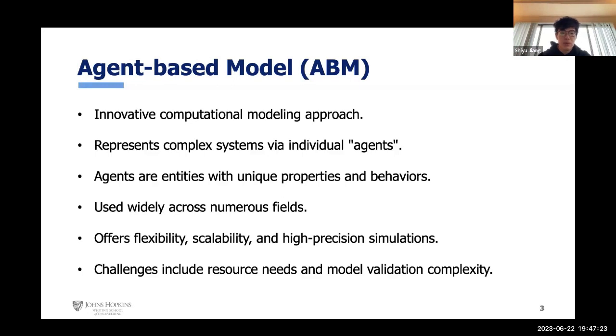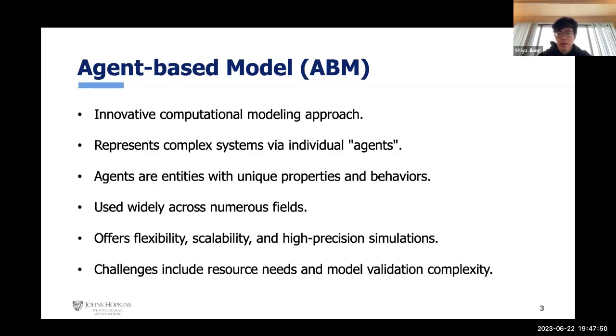Of course, it can offer lots of flexibility and scalability because the attributes are highly customizable. But there are some challenges, as we can see in the last line. There are resource needs, because lots of parameters need to be calculated and stored, so it is computationally hungry and storage hungry.